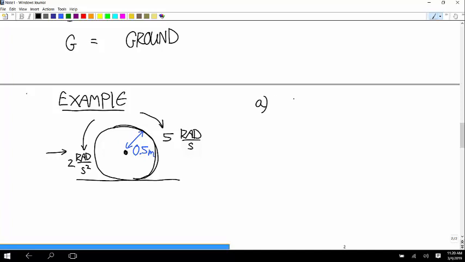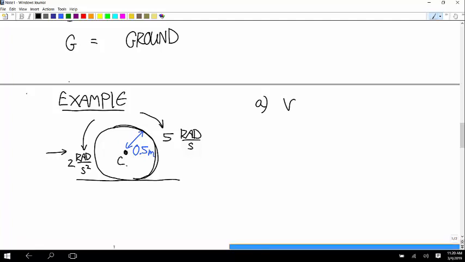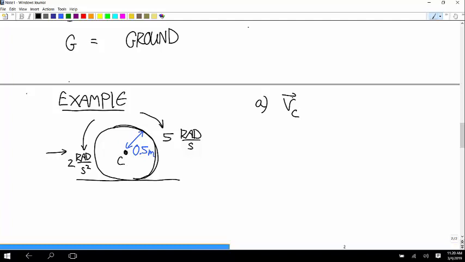So first, let's figure out the velocity of the center. And while we're at it, let's figure out the acceleration of the center. Then let's calculate two more velocities.